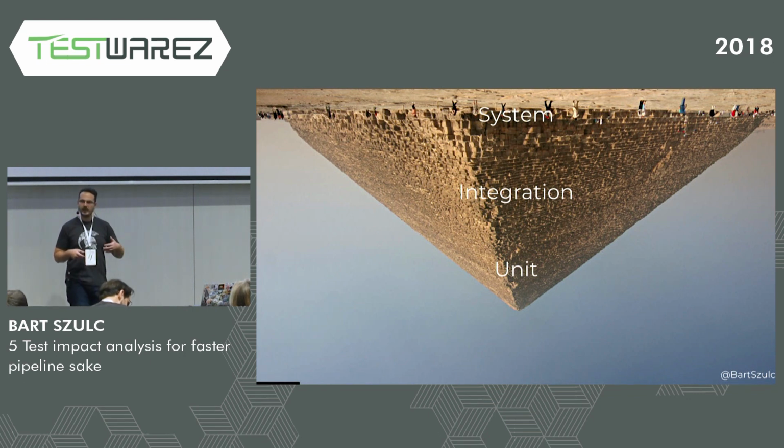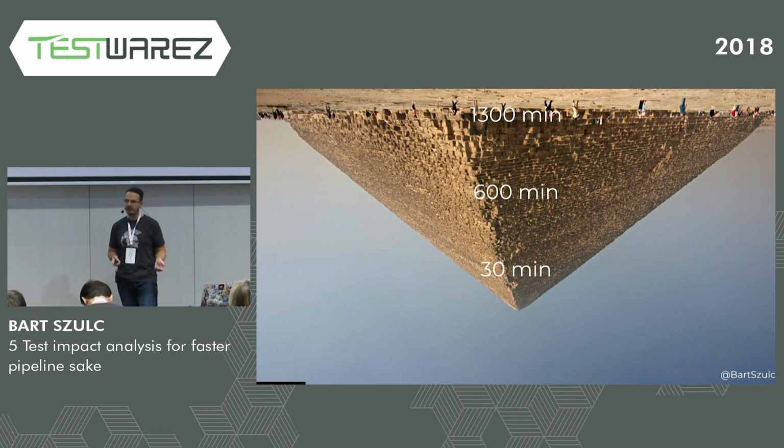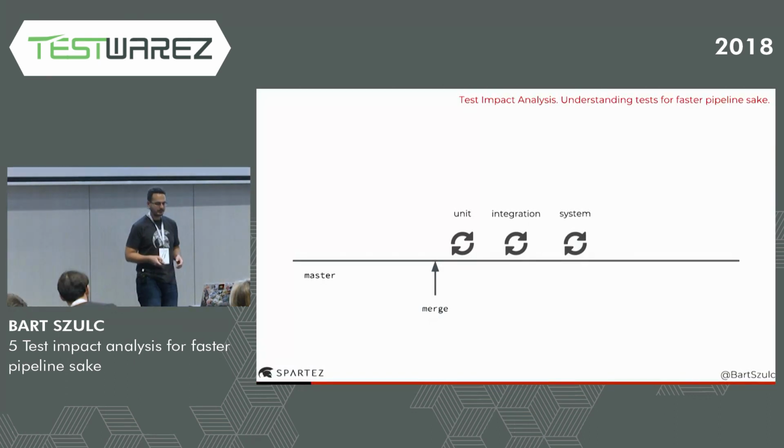We spend more time running integration tests, and even more time running system tests. In real numbers, it's 30 minutes for unit tests, 600 minutes for integration tests, and twice that much for system tests. That's just a lot of time, and this is causing the pain.